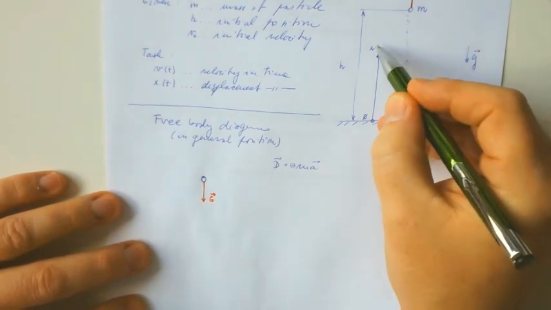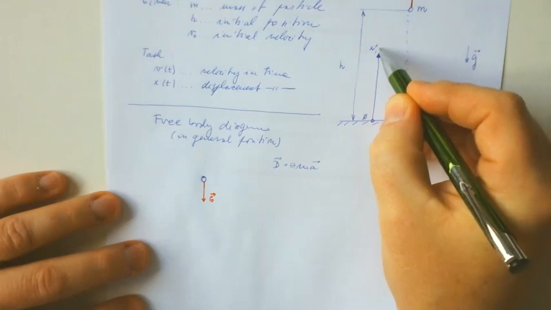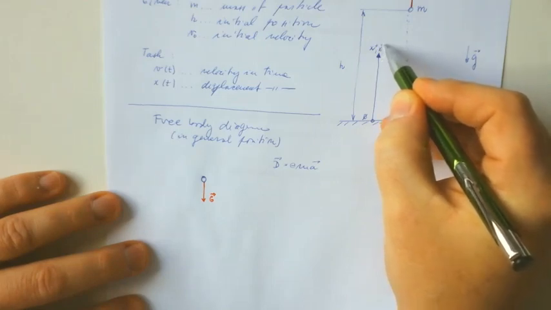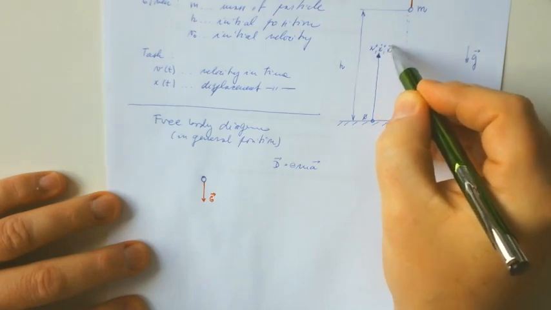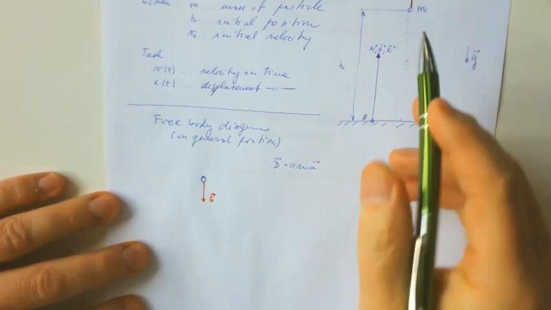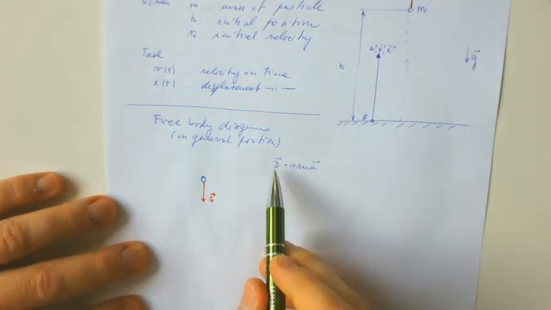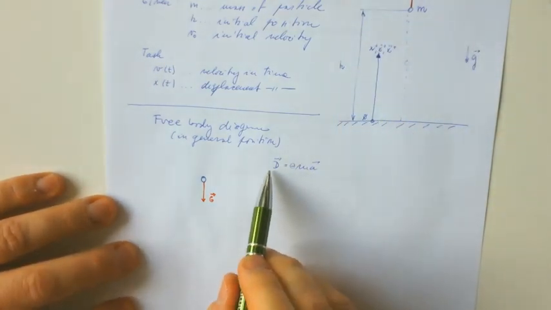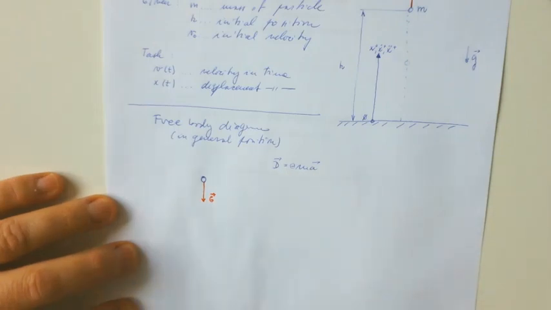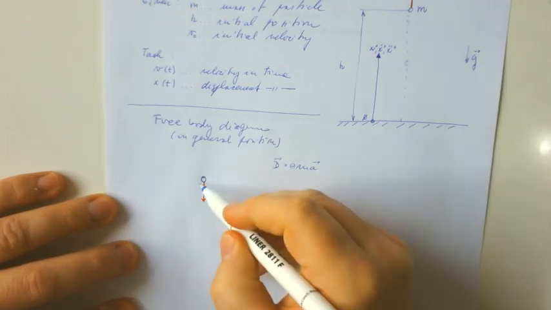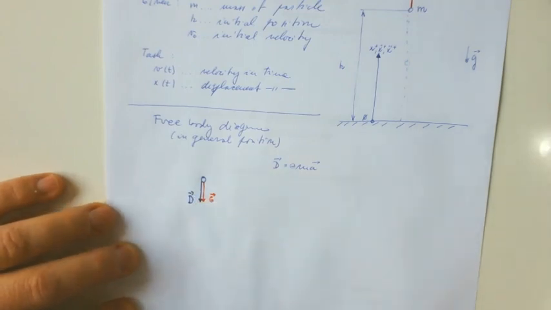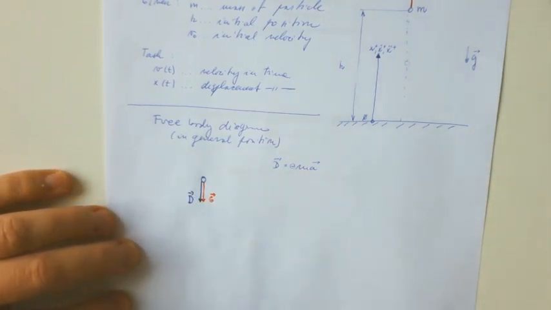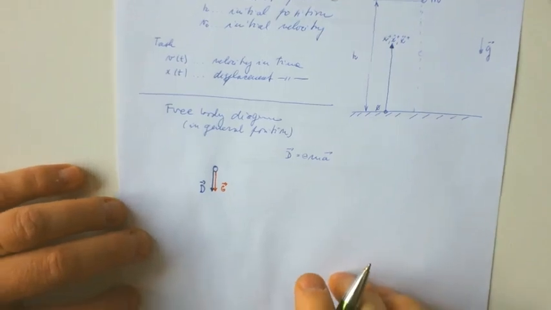Positive values of acceleration are measured in the same direction as positive values of displacement and velocity, so upwards. So the D'Alembert force, respecting this definition, must go downwards. So where is D? The D'Alembert force. So the free body diagram is very simple and is finished now.